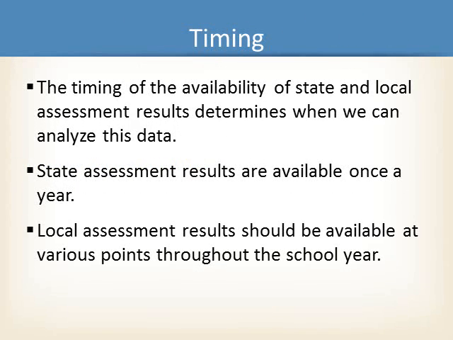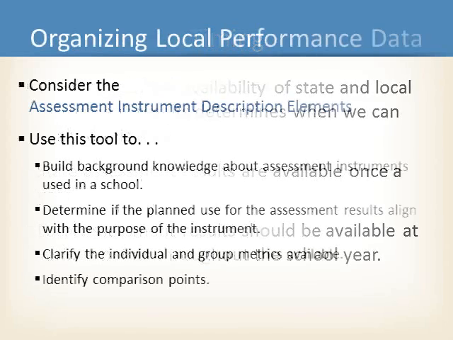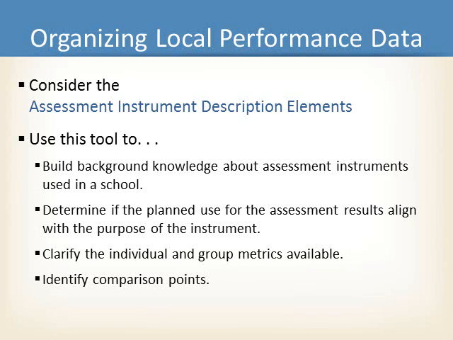The timing of the availability of state and local assessment results determines when we can analyze this data. State assessment results are available once a year. Local assessment results should be available at various points throughout the school year. As part of their work for CDE, CTLT has created a tool that can give planning teams information about assessment resources that they may want to use as part of their improvement planning processes.